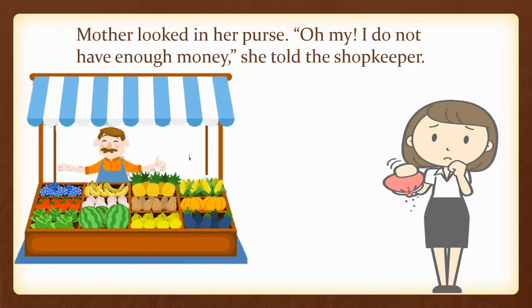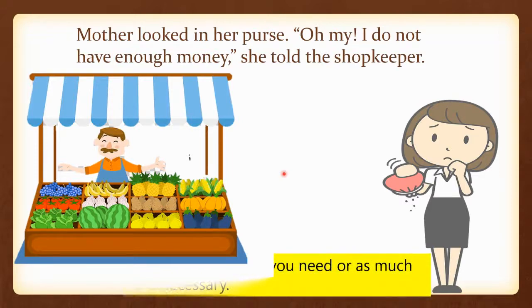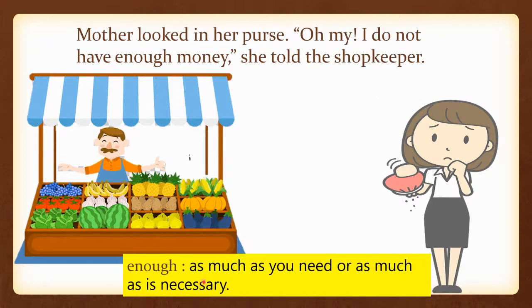So mother said to the shopkeeper, oh my, I do not have enough money to buy all these things which she had written in her list. Enough means as much as you need or as much as is necessary.